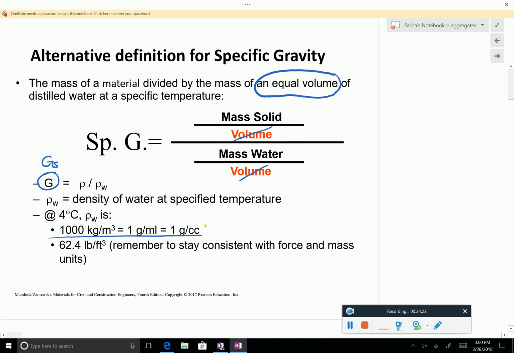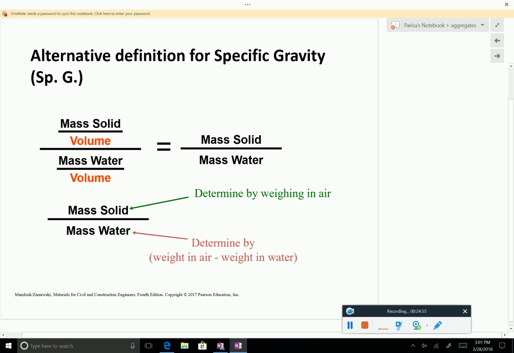Also, it's useful to know the density of water in other units. We just talked about the US customary units, but in the units everyone else in the world is using, the density of water is 1,000 kilograms per cubic meter, or 1 gram per milliliter, or 1 gram per cc. That's something to know that you will be using later on.